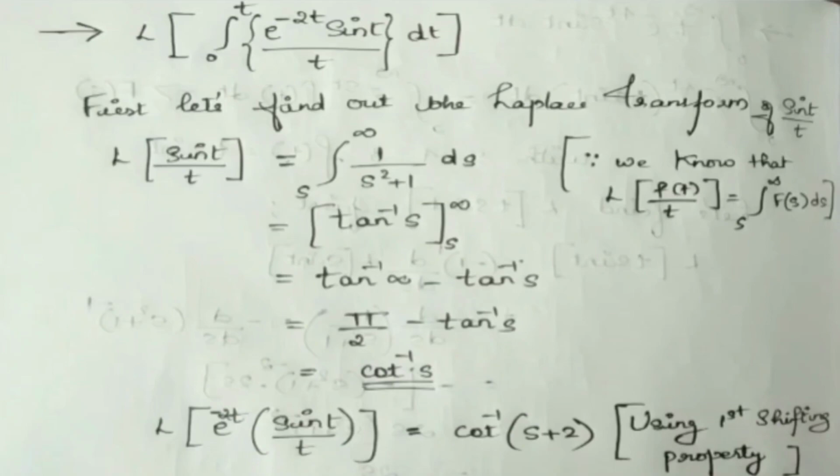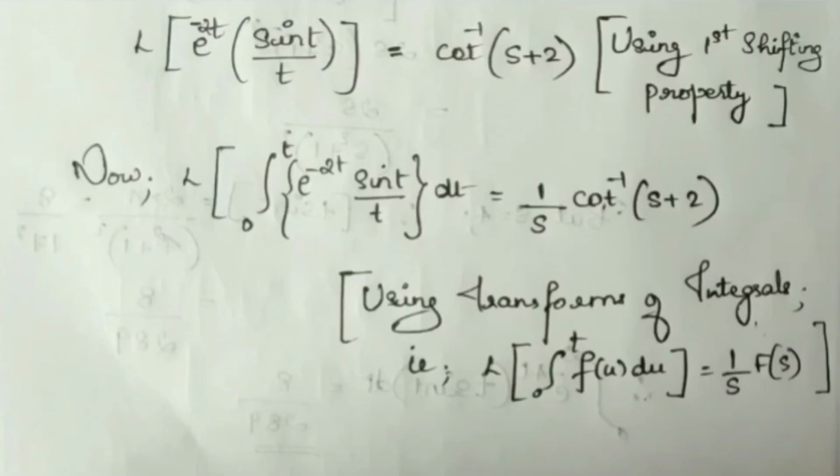Here we have Laplace of e raised to minus at f of t. a is equal to 2. So, the answer will be f of (s plus a). We have f of s equal to cot inverse s. So, it becomes cot inverse of (s plus 2).